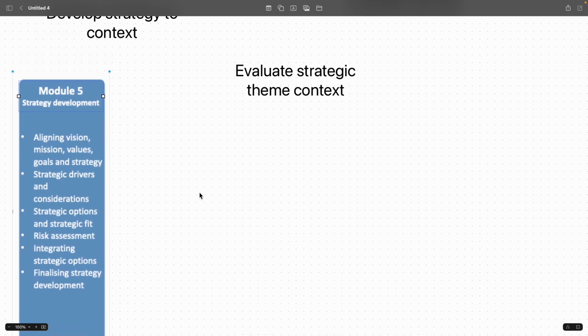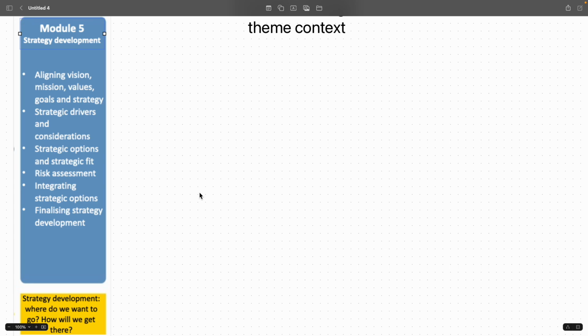So in this part you got aligning vision, mission, value. Companies have vision, companies have mission and values, goals and strategies, so they are one single line.